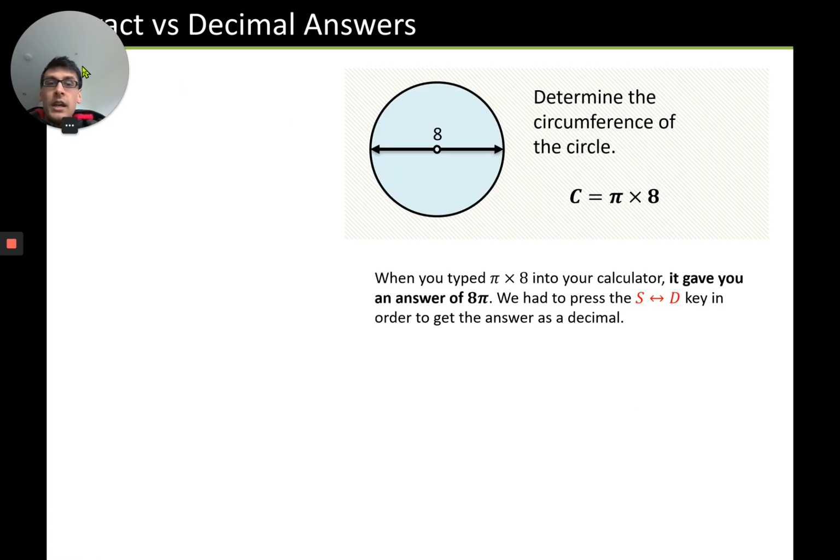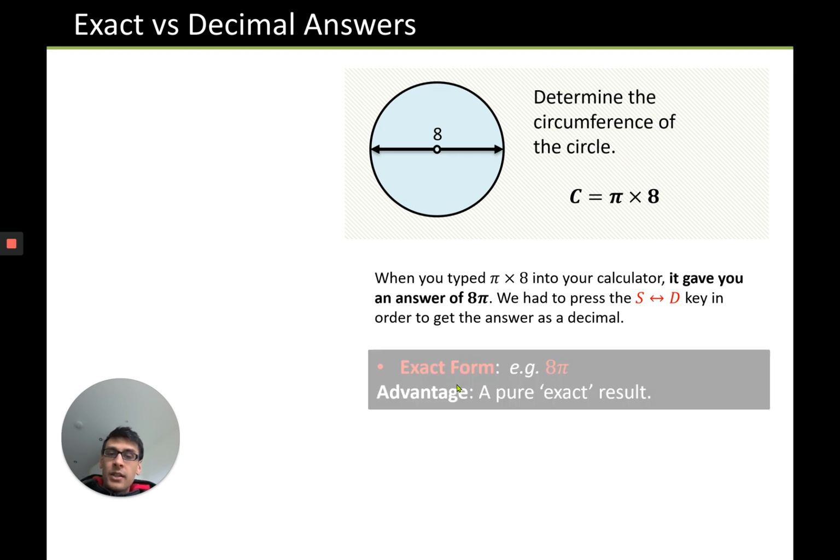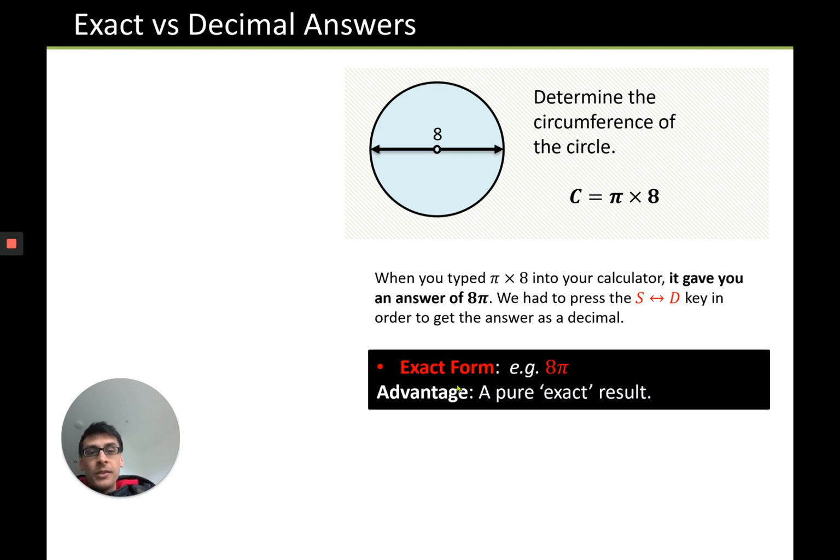Okay, so just like when you were doing exact trig values or using surds, when you are dealing with area and circumference, you will sometimes be asked to work out the exact answer or the rounded answer. If you want the exact answer, you're going to be expected to give it in terms of pi.